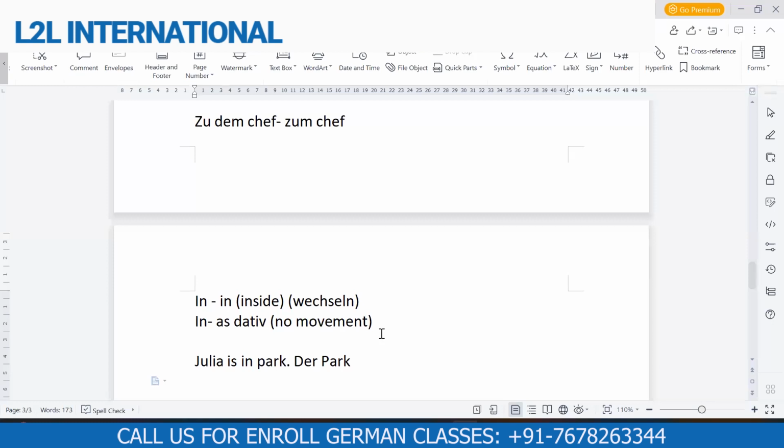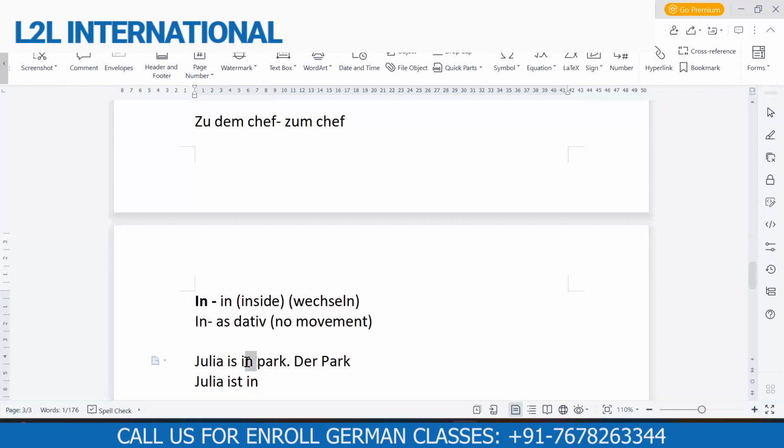Julia, and then we have the verb ist. Ist is "is", right? In zum Park. But we are not discussing "zu". We are discussing "in". We are talking about the preposition "in", right?